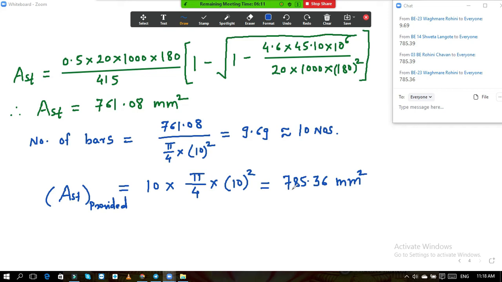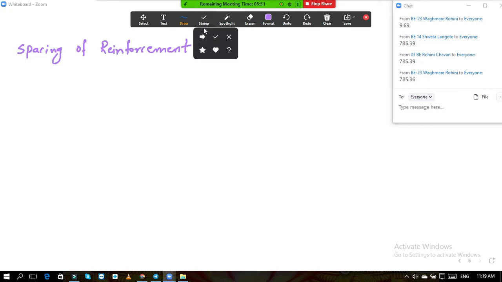Okay. So now calculate the spacing. The next thing is spacing of reinforcement, or you can call it spacing of bars. So first, spacing is equal to, what is the basic formula for spacing?